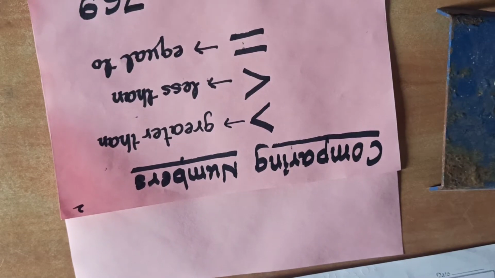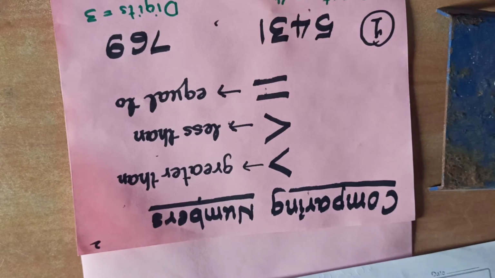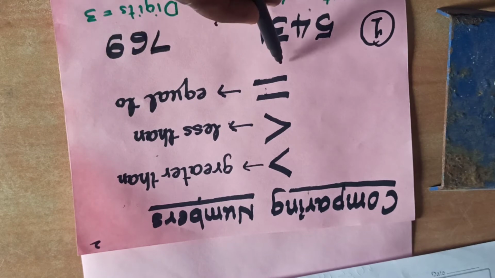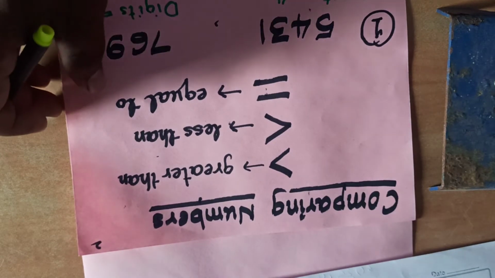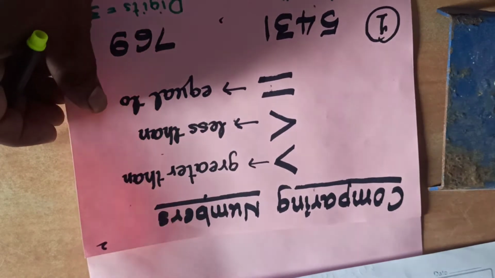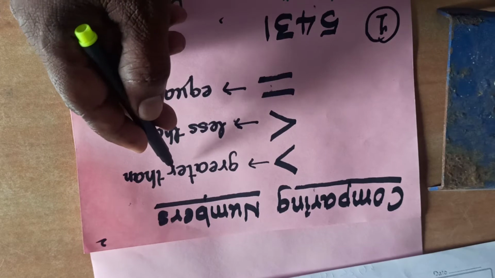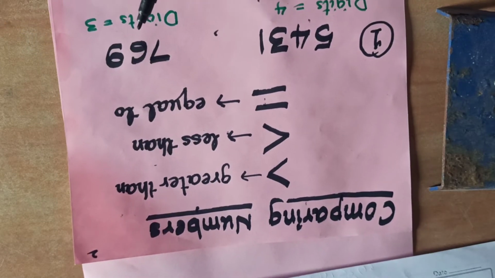Comparing numbers means we check whether the numbers are greater than, less than, or equal to each other.